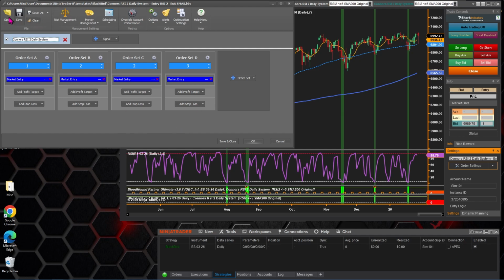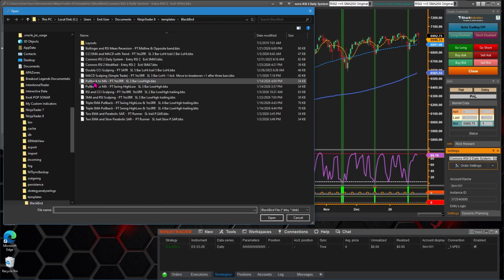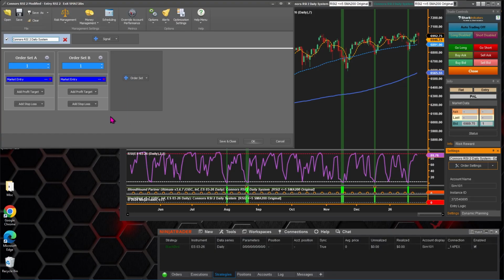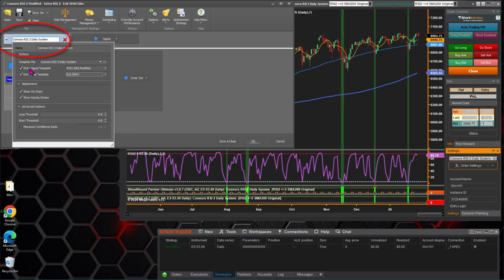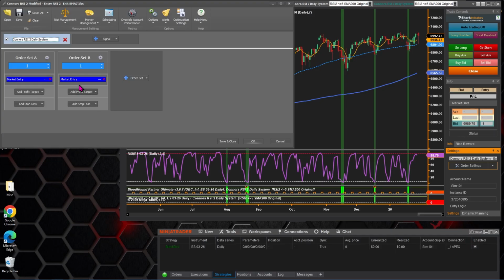Next, let's load in the other Blackbird system, the modified system. It's going to be pretty much the same. For the Bloodhound trade signals, the entry is set to the modified, and the exit this time is set to the SMA 7. You'll notice this time we only provided one scale in order.